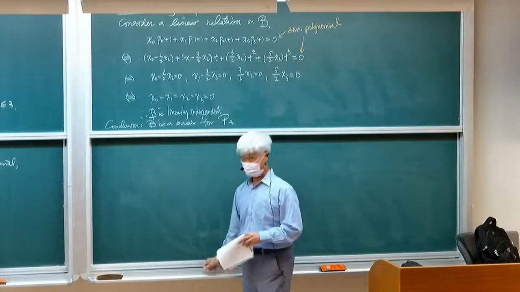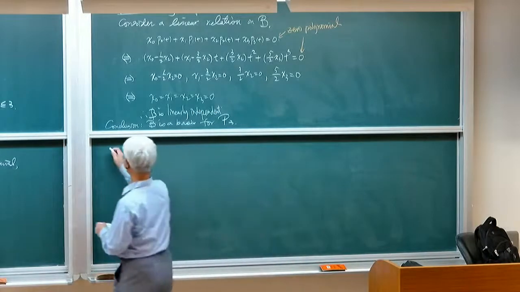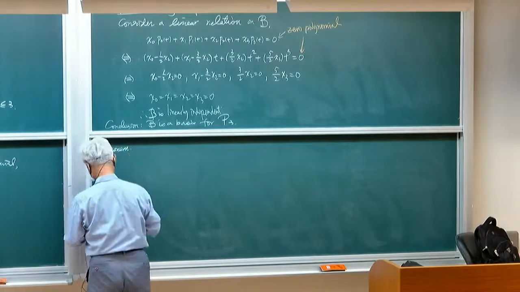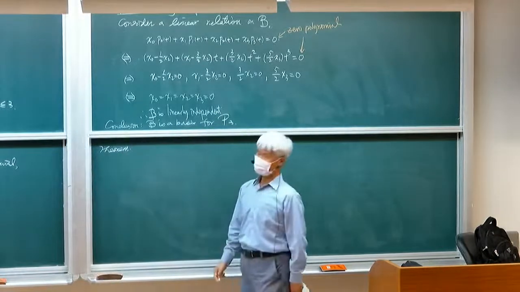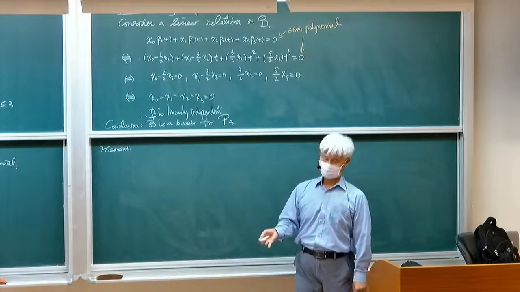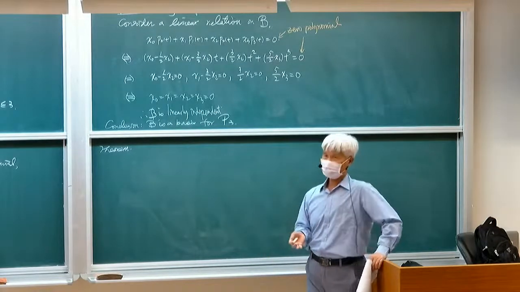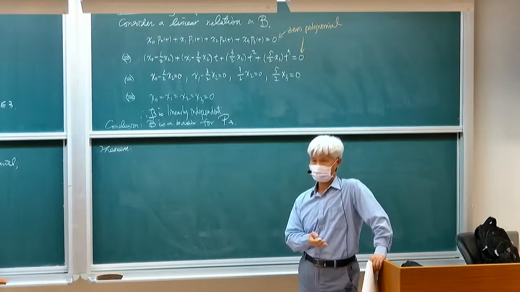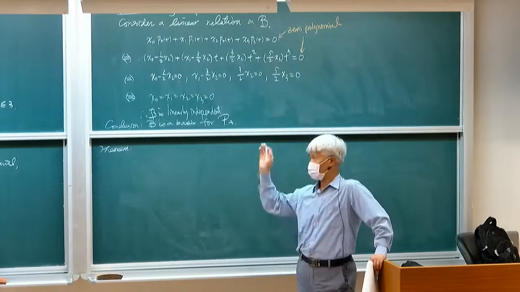All right, so no question. Right, so you know the task to verify a set of vectors in a vector space to be a basis for this vector space, right? You have to justify two things.